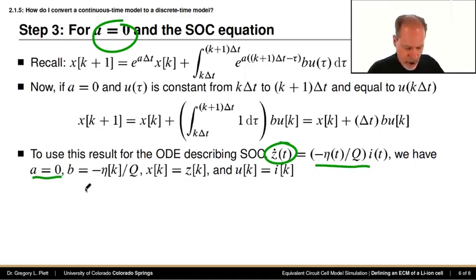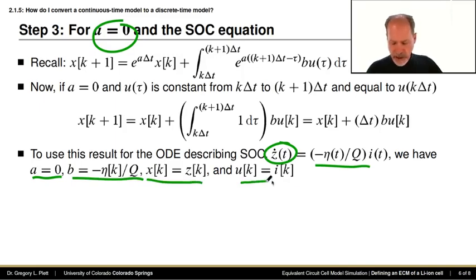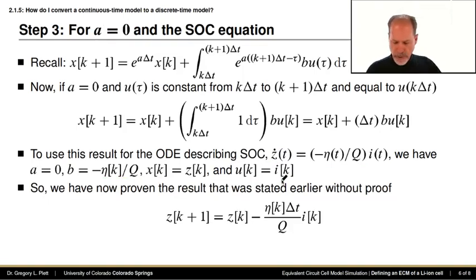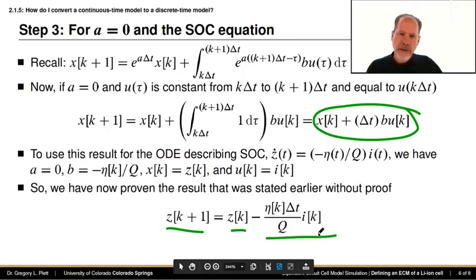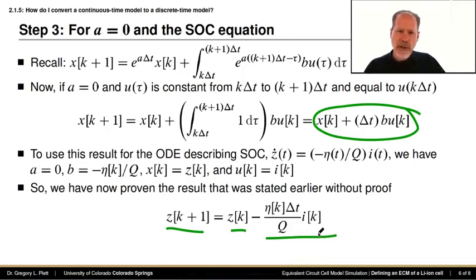So I have a equals 0, b equals negative eta over q, x is replaced by z, and u is replaced by I. And when we substitute all of those values into this equation, I have new state of charge equals 1 times old state of charge, and then minus eta times delta t over q, all times the input current. And that's exactly what I claimed was the discrete time solution a couple of lessons ago, but now you can see how to derive that a little bit more formally.